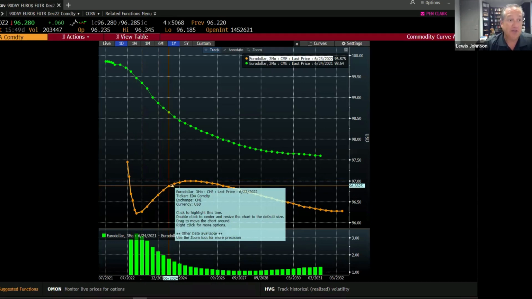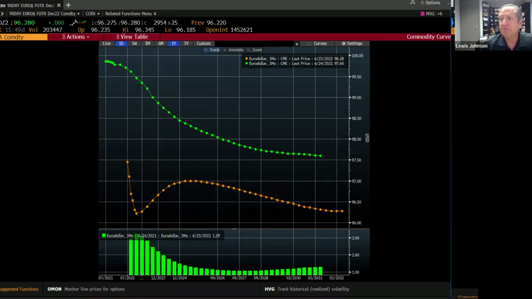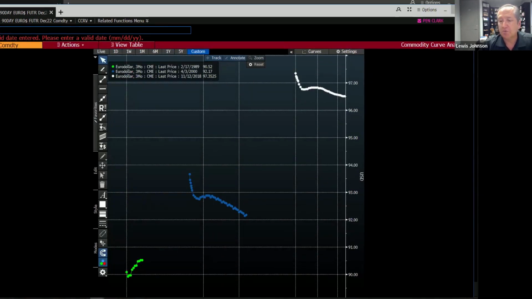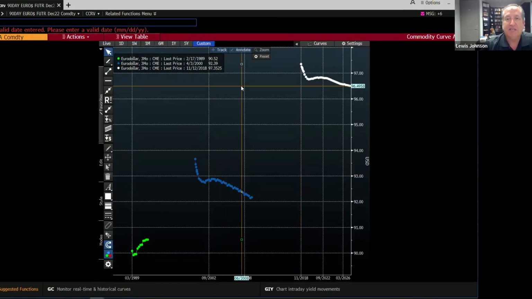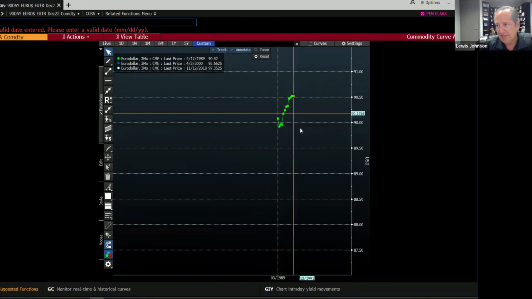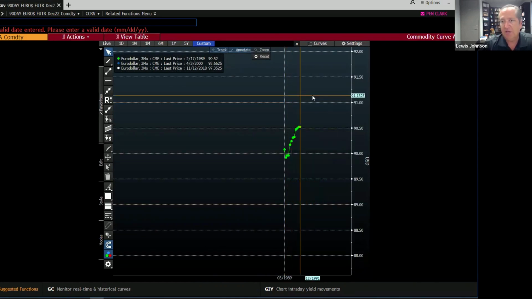The other thing I want to highlight for you is that there have been other periods in time that showed this same strange set of circumstances in terms of this kink in the euro-dollar curve. This shows 1989, when you can see interest rates were rising and then being cut.